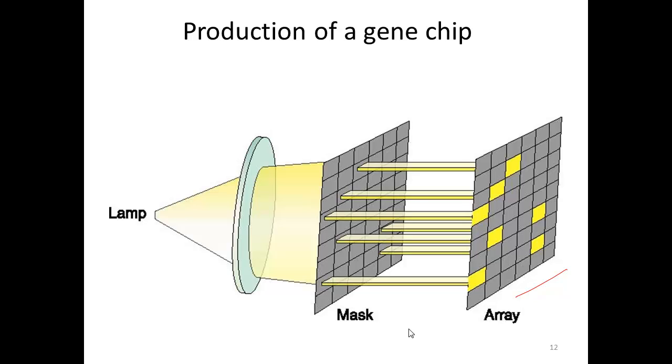On the spotted microarray, our PCR products were hundreds, maybe 1,000 base pairs long. On these Affymetrix chips, we're going to have short oligos, maybe 20-25 base pairs, and they're going to be built up one nucleotide at a time directly on the chip.